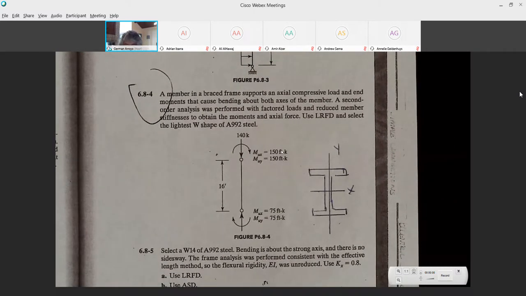From here, you go to chapter 6. Chapter 6, like I said, KLY, KLX, also be the same. You go with 16. You go with M sub U X and M sub U Y. So you go with all of this information, you go with the largest one. So here it is 150, 75. 150, 75, you go with the largest one and with KL. Any question up to this point?